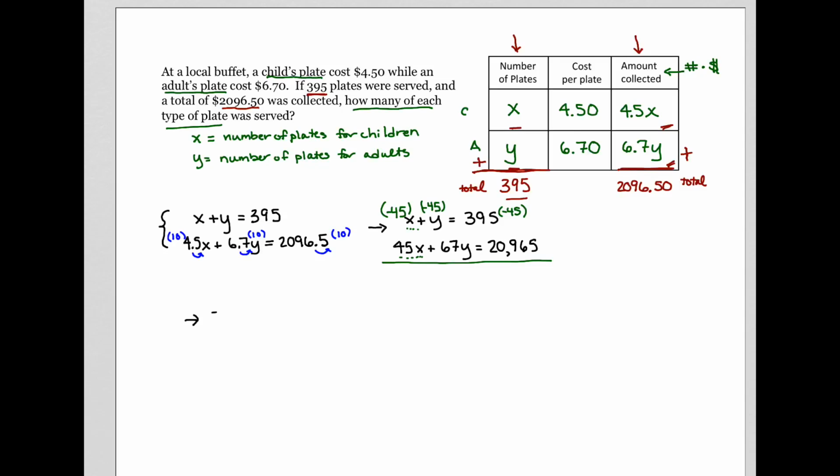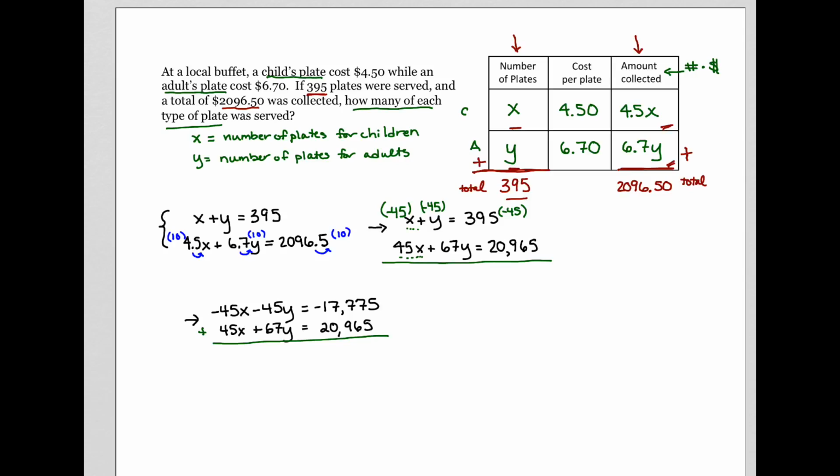This gives us negative 45x minus 45y equals, and multiplying this on a calculator or on a piece of scratch paper, this gives us negative 17,775. Rewriting that second equation, 45x plus 67y equals 20,965, gives us the system of equations that we can now add down vertically to eliminate the variable x.